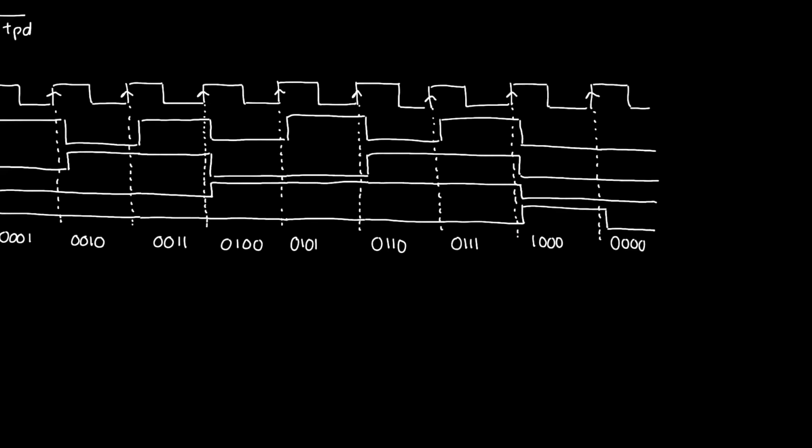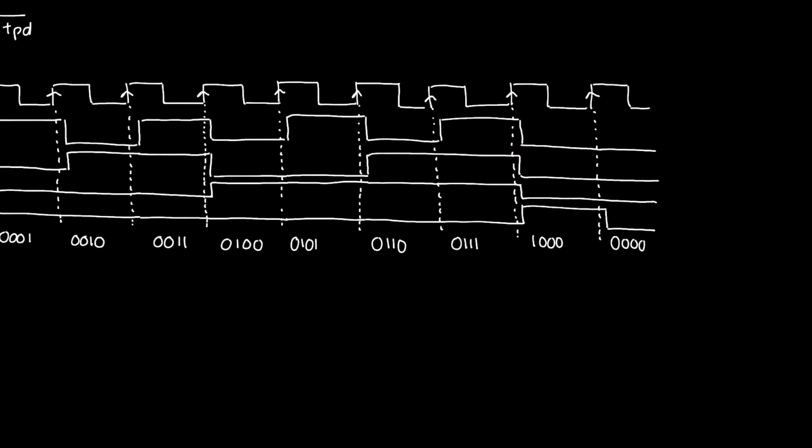In a ripple counter, I would have Q0 toggling at some time TPD after the clock. But then Q1 would toggle at some time TPD after Q0, because remember, in a ripple counter, Q0 is the clock for the flip-flop whose output is Q1.